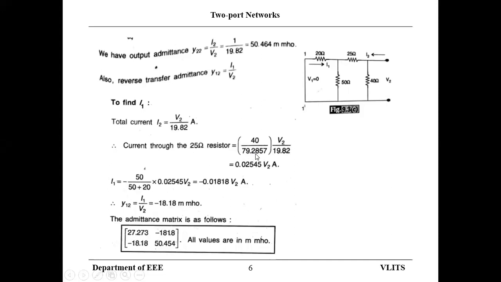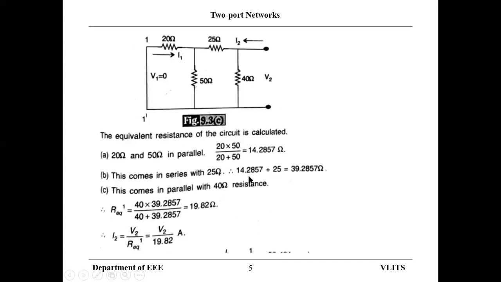Again, the current flowing through the 25 ohms resistor: if we consider this as R1 and this as R2, then the current is R2 by R1 plus R2. R2 here is the 40 ohms resistor, and R1 is the total equivalent resistance up to here.